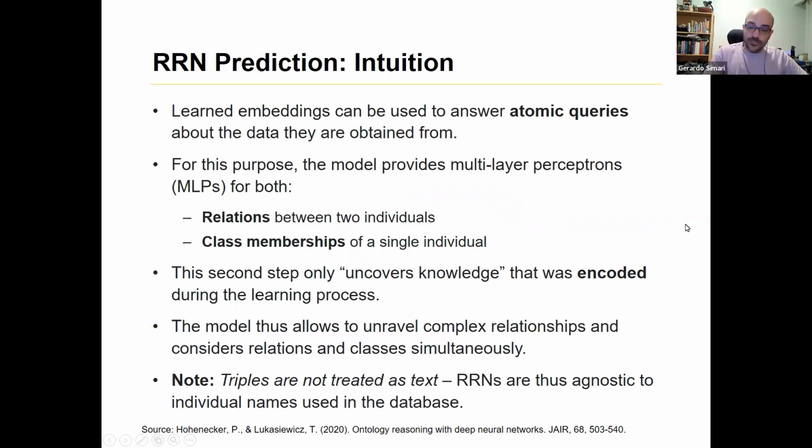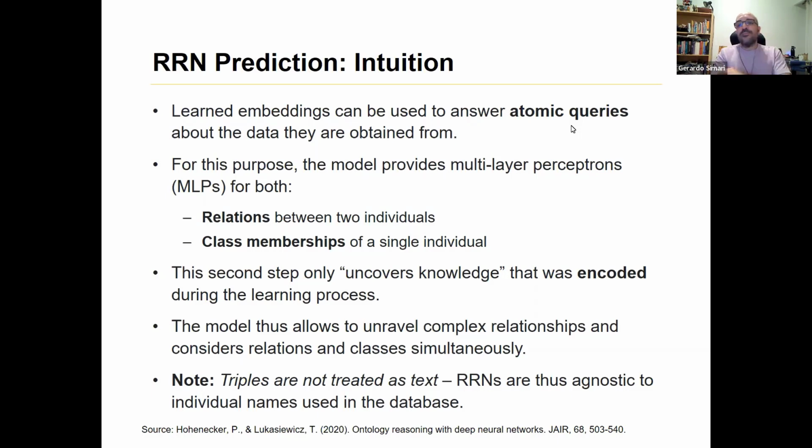So for prediction, the intuition is that the learned embeddings can then be used to answer atomic queries. This can be seen as a limitation of the model, because for now we can only ask atomic queries about the data that they are obtained from. To be able to do this, the model includes multi-layer perceptrons for both relations between individuals and class memberships of single individuals.